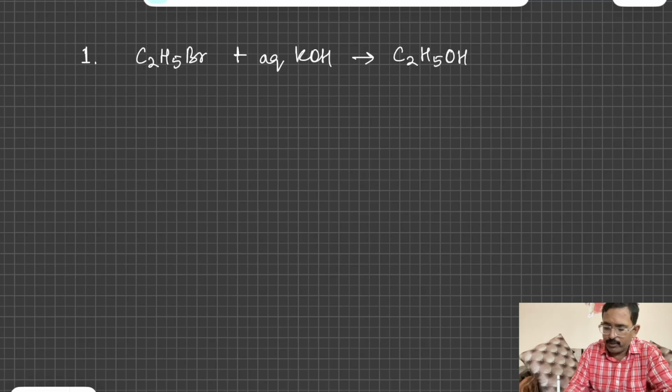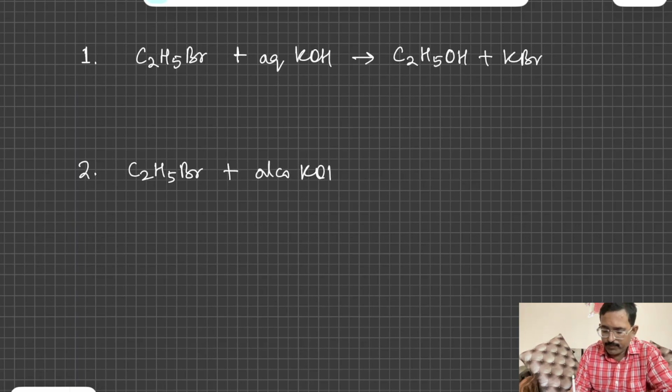It forms C2H5OH plus KBr. But on the other hand, when C2H5Br reacts with alcoholic KOH, it forms C2H4 or CH2=CH2 along with KBr and H2O.